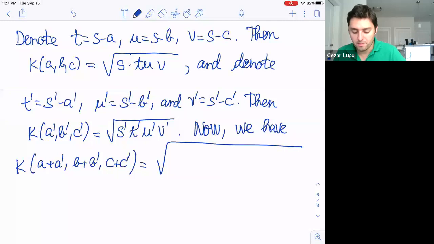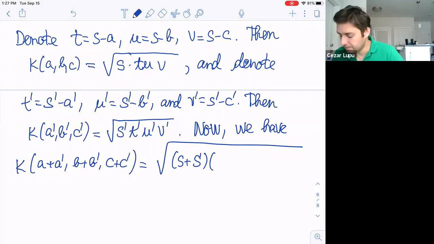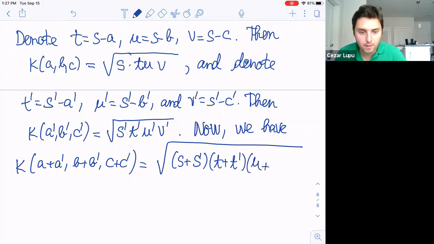Well, the semi-perimeter will be what? Will be S plus S prime, right? What about A plus A prime? We're using the notations above. It will be T plus T prime. Exactly, and so on. Correct.